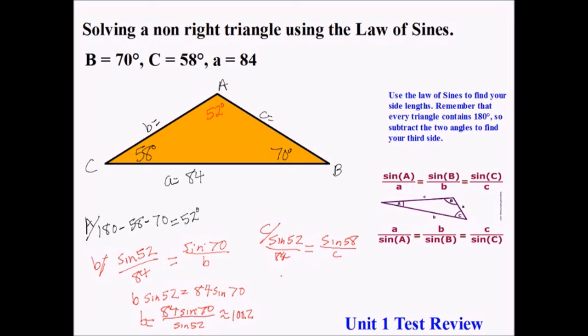You cross multiply and do all that good stuff. C is going to be equal to 84 sine of 58 over the sine of 52. And you're going to get approximately 90.4.